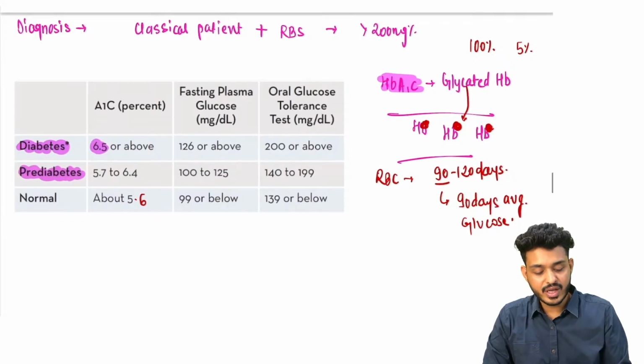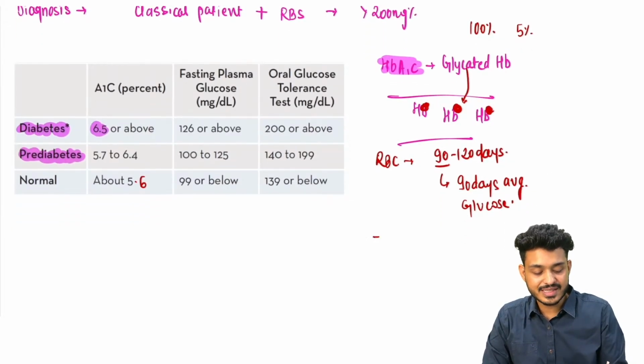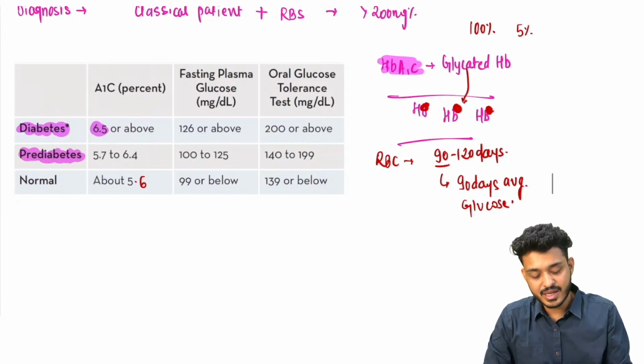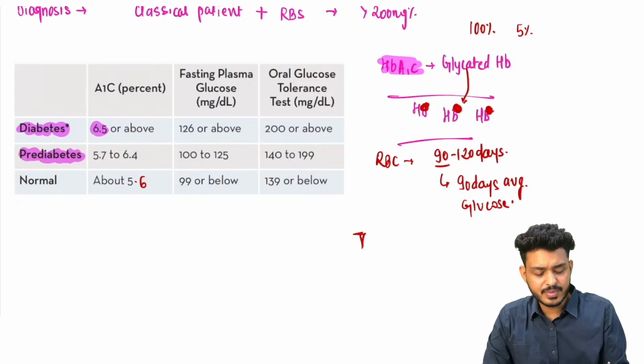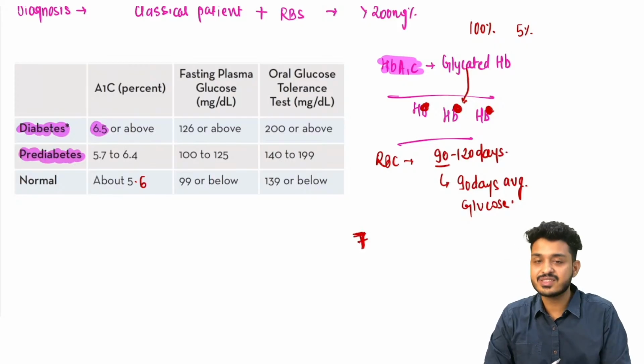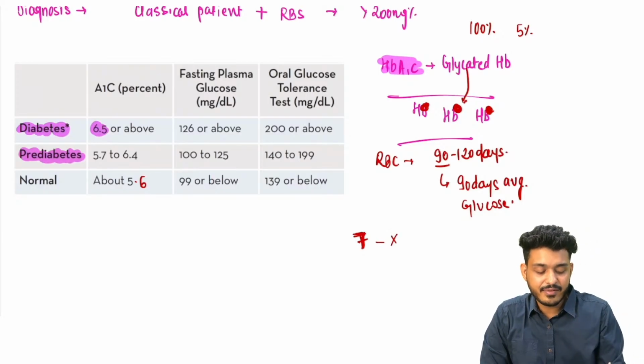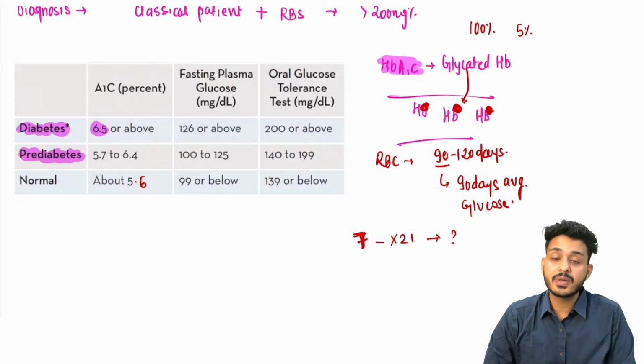Suppose how we are going to calculate this. Suppose a patient is having an HbA1c value coming around as 7%. What we can understand with this 7, we can multiply this 7 with 21, and this is going to be the average sugar of this particular patient in the last 90 days, right?